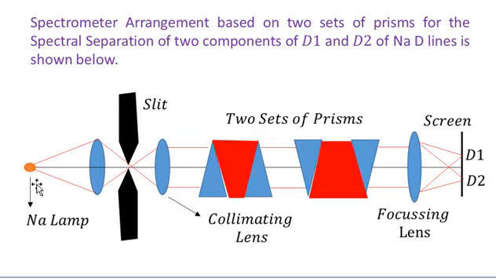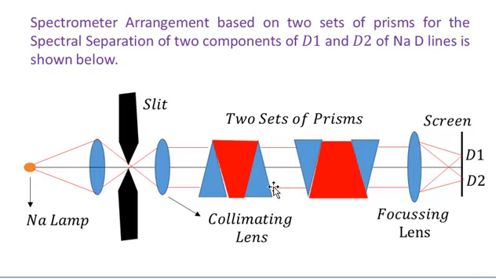So you see that on the left hand side is a sodium lamp, and it contains two wavelengths, and this setup, which we may call a spectrometer, consists of two sets of prisms, and these prisms are acting as a dispersive element separating the two wavelengths apart from each other, and then you can measure the two wavelengths D1 and D2 on the screen well separated from each other, because these prisms have very large dispersing properties.